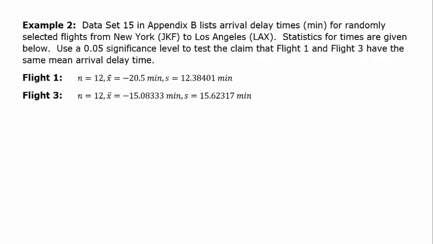Use a 0.05 significance level to test the claim that Flight 1 and Flight 3 have the same mean arrival delay times. The first thing that we want to do is write out our claim and our opposite. The claim, Flight 1 and Flight 3 have the same mean arrival time, so that's mu1 is equal to mu2.